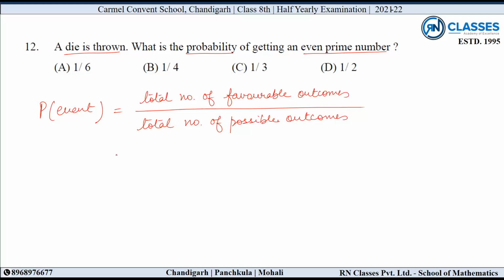So first, what do we have to find? The probability of getting an even prime number.